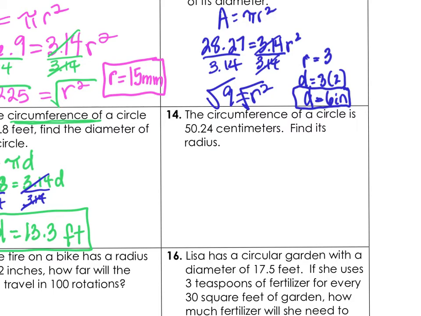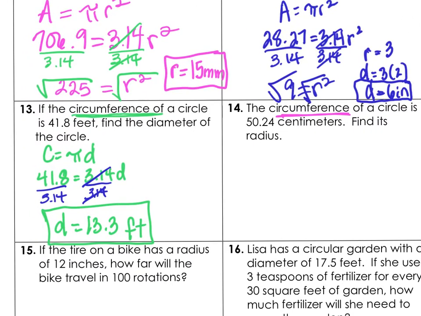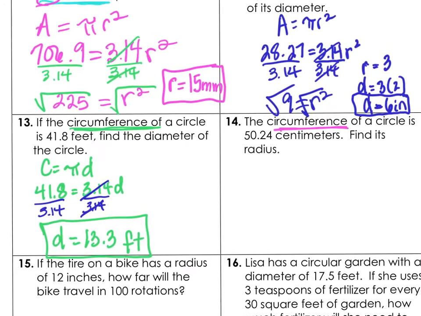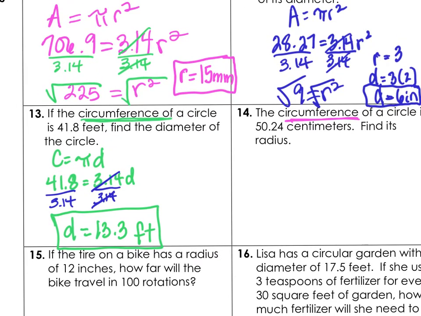Okay, here we go. If the circumference of a circle is 50.24, find its radius. Remember there are two formulas for circumference. We have this one on the other problem that we used because we were finding diameter.